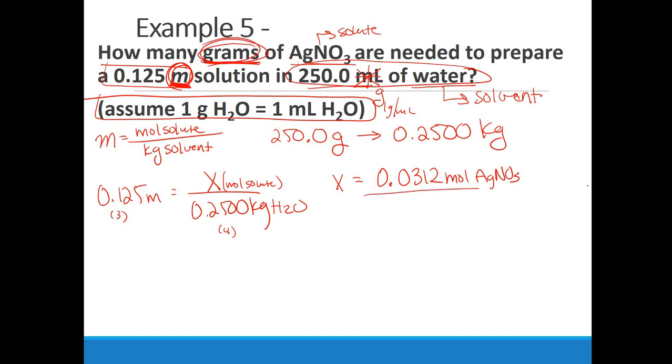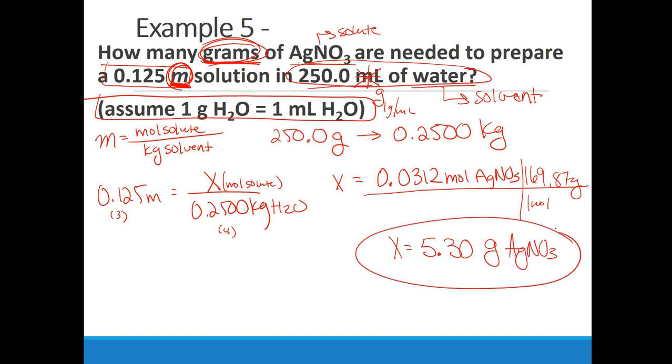All we do then is multiply this by our molar mass. And that would give us our final answer, which would be 5.30, because we have 3 sig figs there, grams of AgNO3. And that would be our final answer.